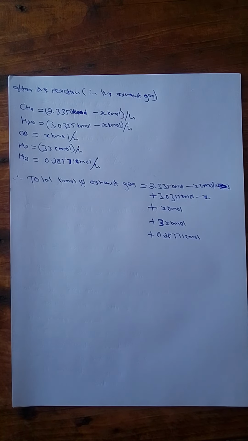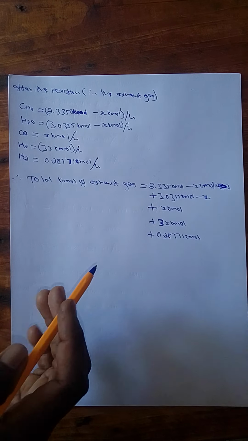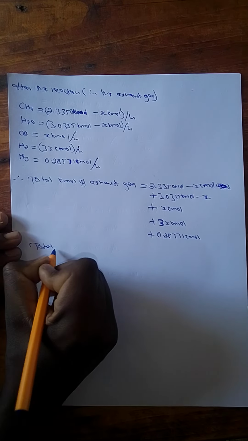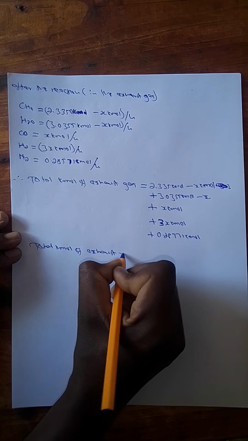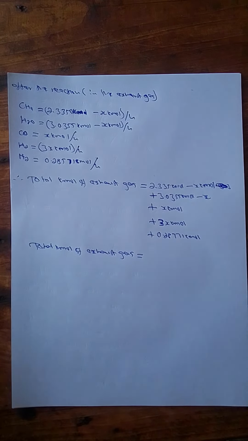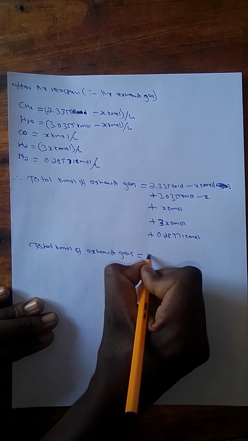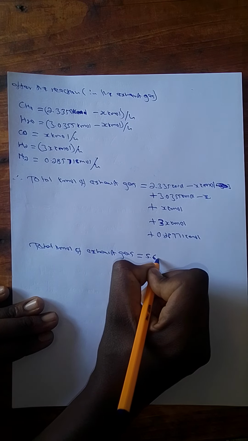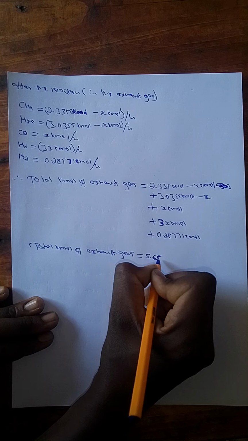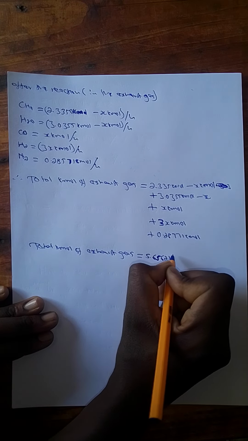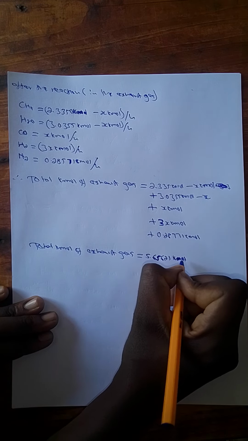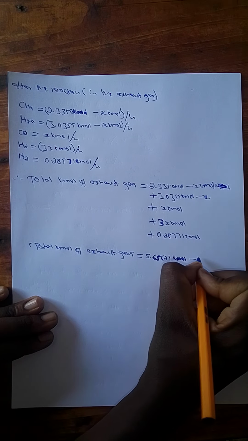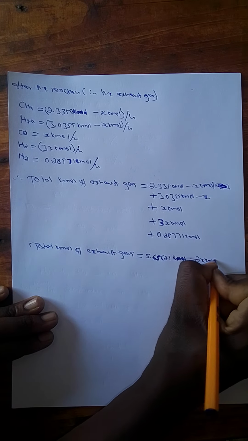So if you do the simplification there and you add up everything there, you'll find that the total kilomole of exhaust gas is actually equals to 5.65621 kilomole minus 2X kilomole.